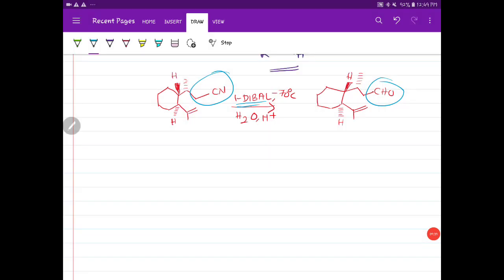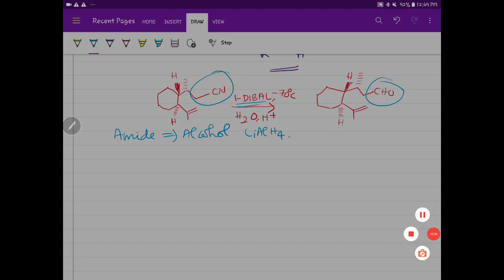So how do we convert amides to aldehyde? In the previous class we have seen how amide could be converted to alcohol, and the reagent we have used is lithium aluminium hydride. And during the course of the reaction, you have seen a tetrahedral intermediate.